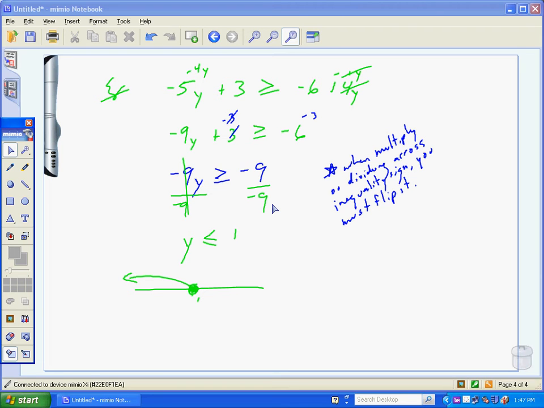Or if I put 1 here, am I on 1? No, I'm close to it. I haven't touched the 1 yet. This is touching the 1. I'm saying it can equal 1. This says I'm close to it, but just around it. I'm around 1, but I can't equal 1.